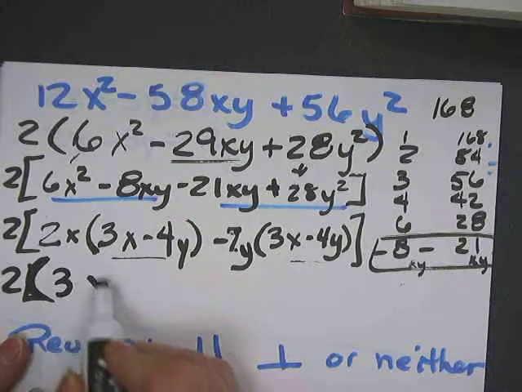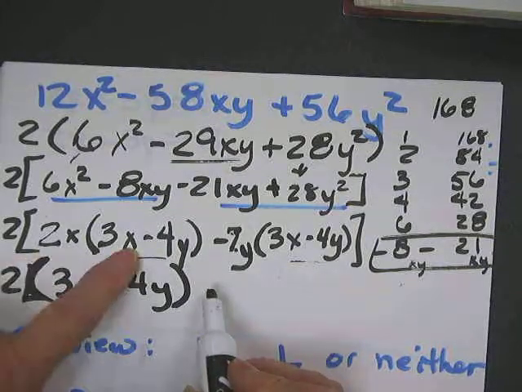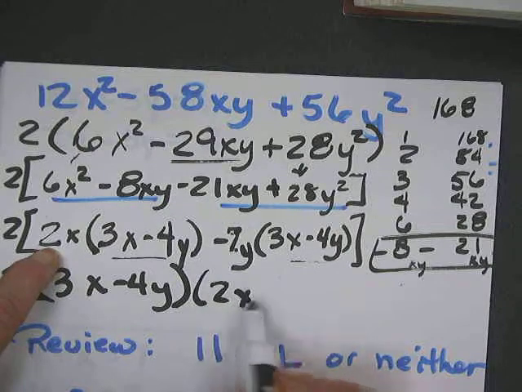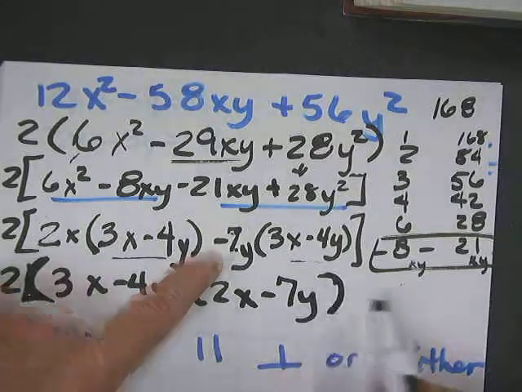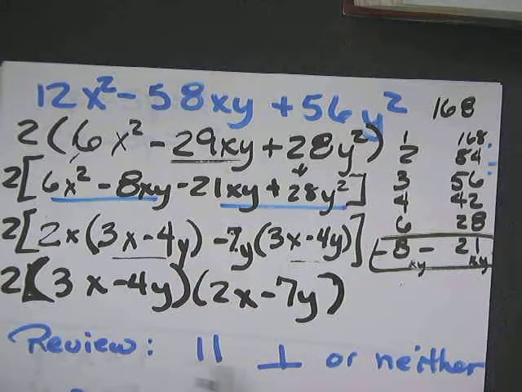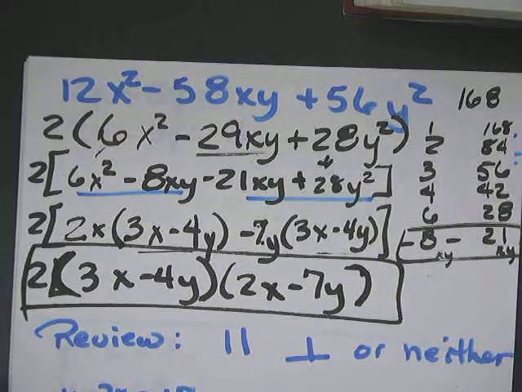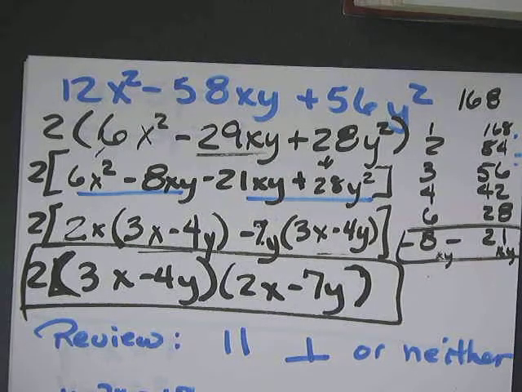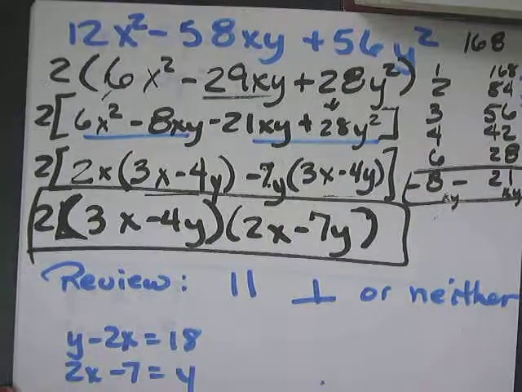And what else do you need? You already have an x, you need a y. There'll be negative 21 and then an x and a y. And negative, negative is positive, see? 28y squared. So we're good.